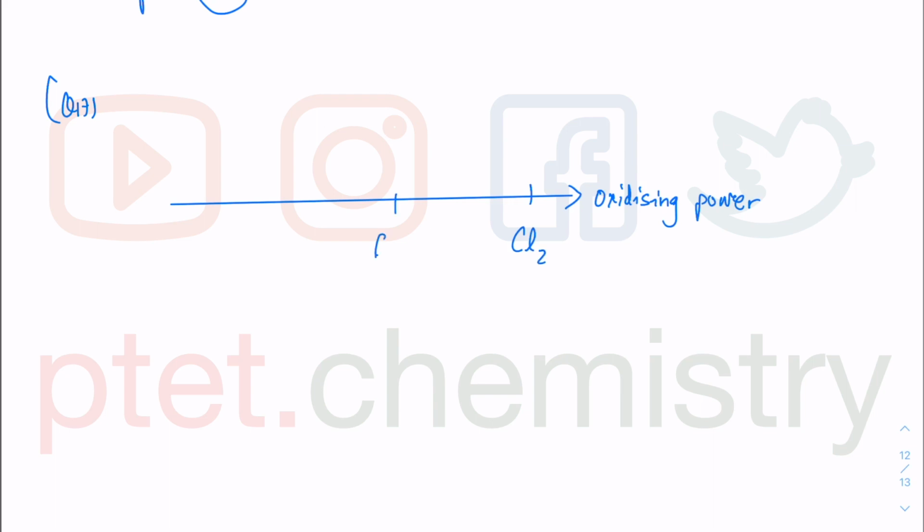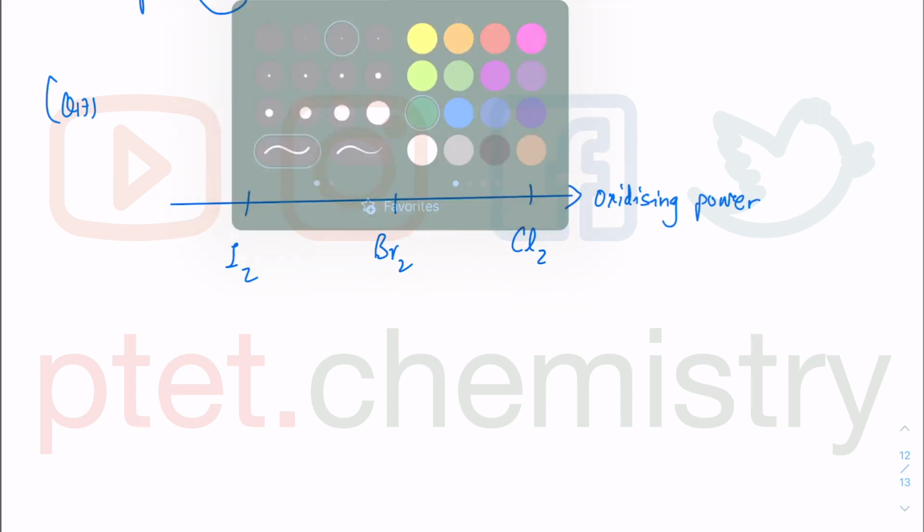Question 17. So question 17, they are asking you on the reaction of conc sulfuric acid with the halides. So if we have this oxidizing ability or oxidizing power, we know that chlorine is a stronger oxidizing agent than bromine than iodine. I do not have actual values, neither do I need to, but I know where my stuff is.